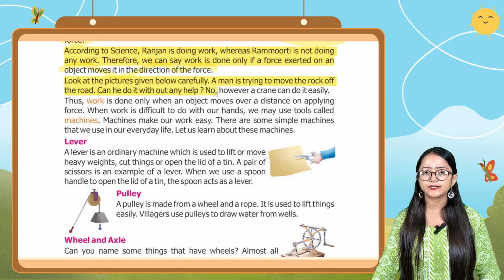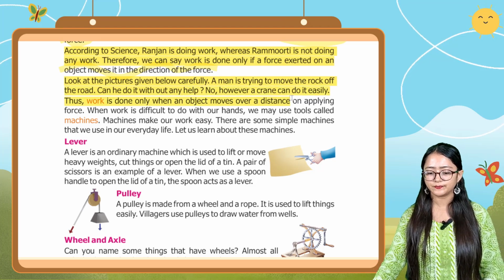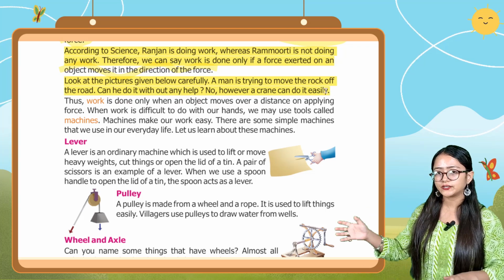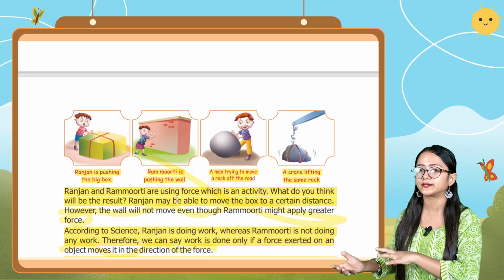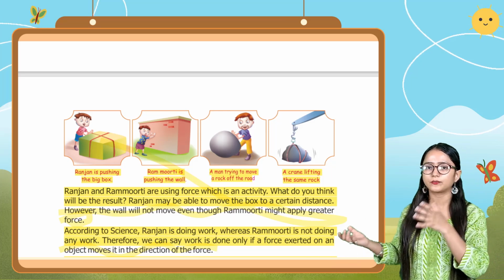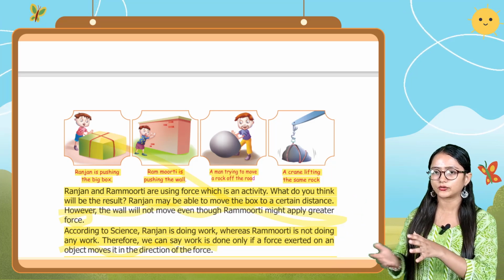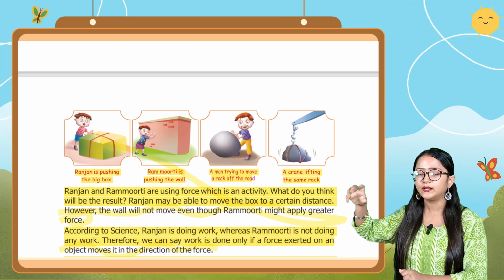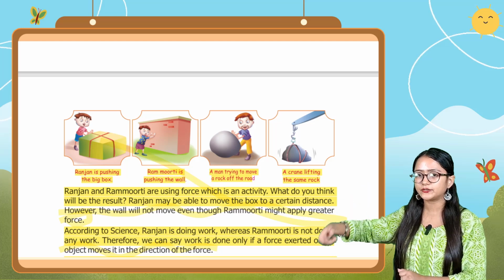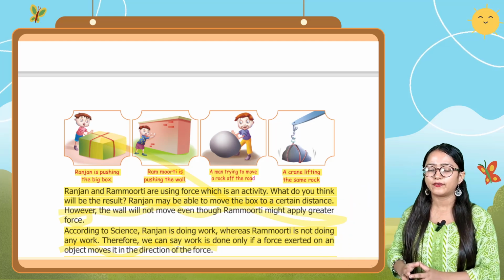So basically it is saying that in this given picture, this man is pushing the rock, but he is not able to get the result, to get that rock moved out of the road. Whereas by using the crane, we are able to lift that rock. Why did this happen?